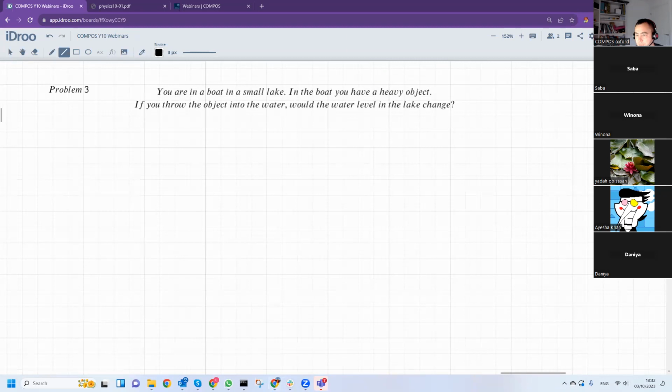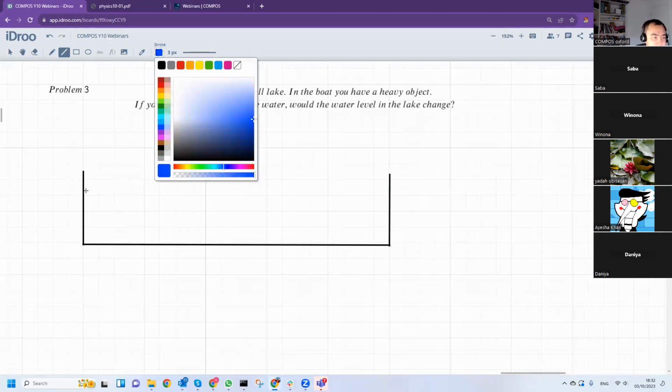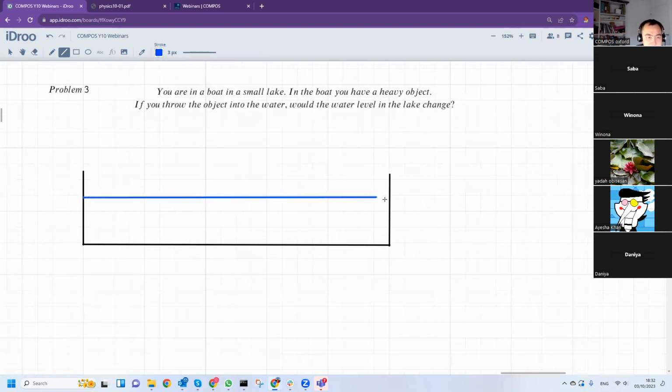Access the whiteboard. This is the whiteboard. Okay. Let's see. This is a lake. And let's say the water level is here. And you have your boat.